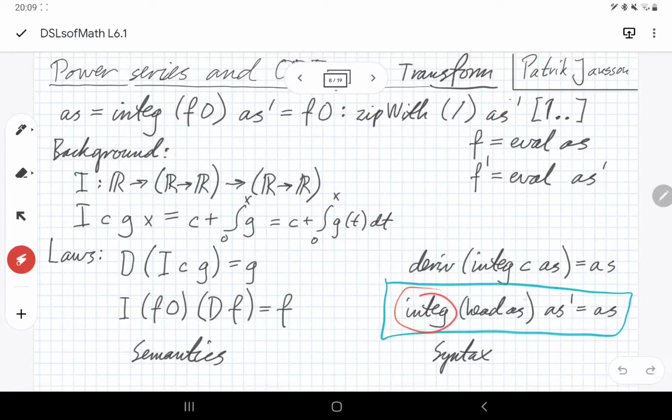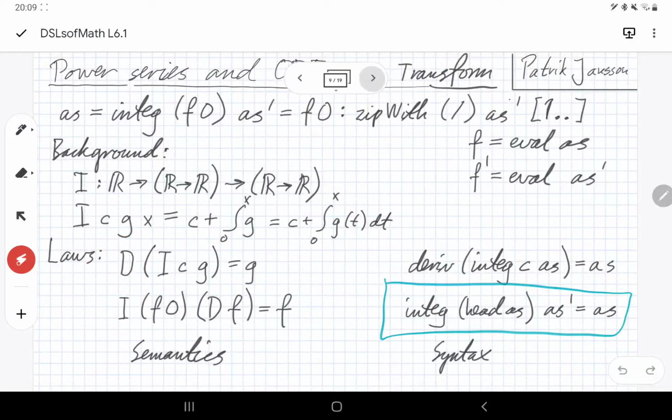So I integrate from the head of as, and with this list, then I will get back as. And the reason I put it in a blue box is that this is the equation that we will use for the equation solving, as in this case and in the previous example. So that is the syntactic form and the corresponding mathematical laws that we're starting from.